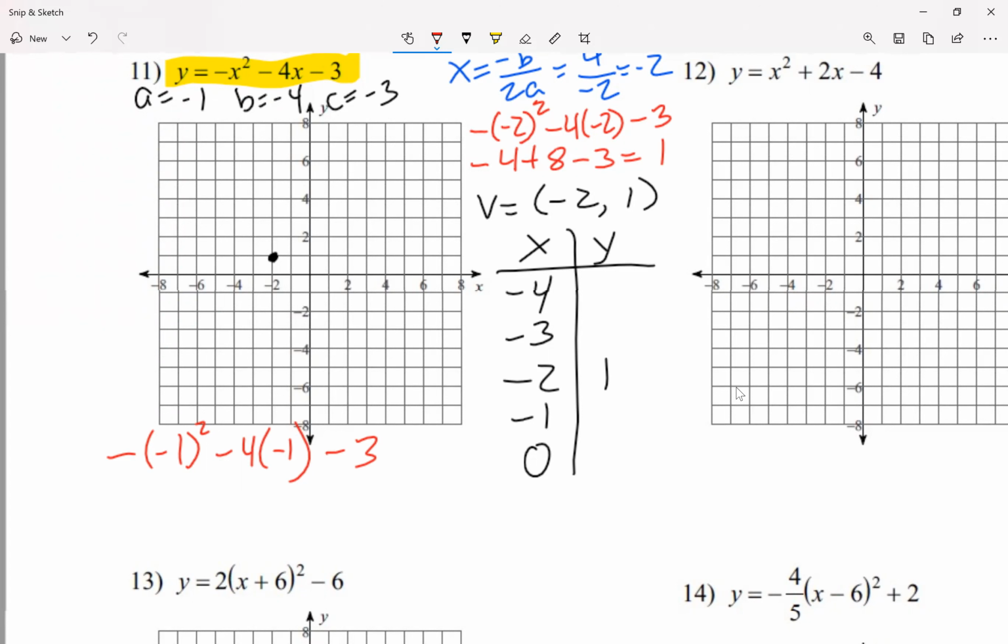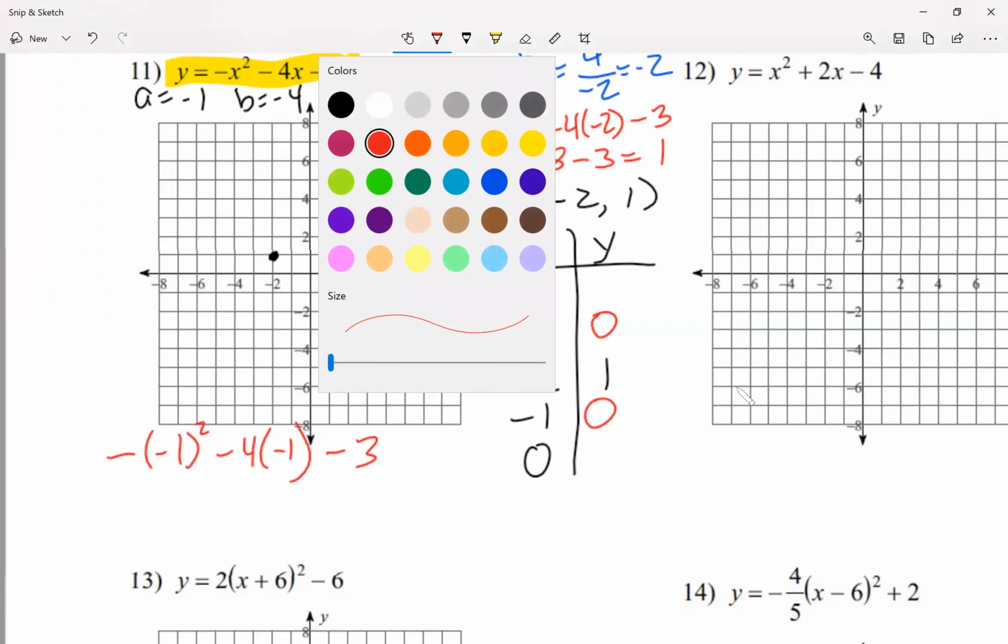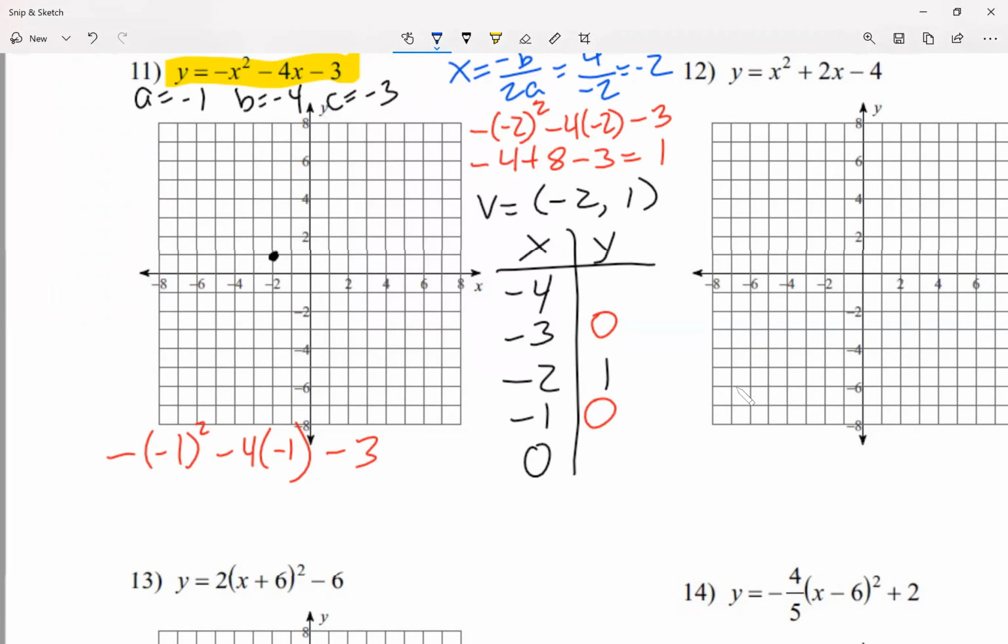Okay, so -1 plus 4 minus 3 gives me 0. So 0 and 0. Okay, good. Now let me find other 2 points. I'm going to use x equals 0.